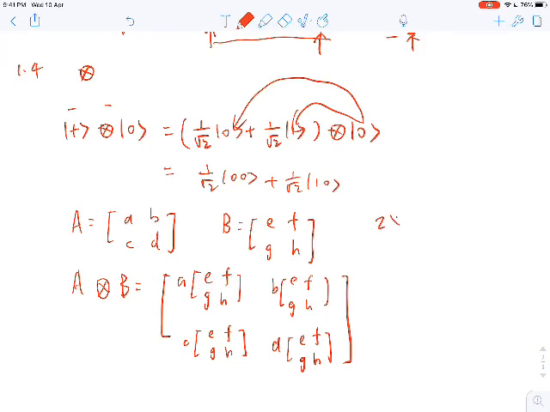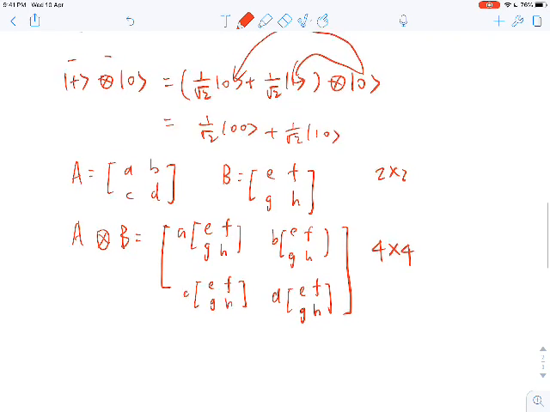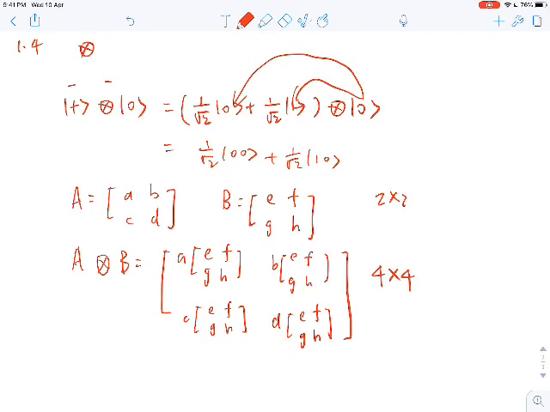We have two by two matrices, and we finally get 4 by 4 matrices, right? And we should notice that a tensor product is the tensor of two states, and entanglement cannot be written like the tensor of two states.